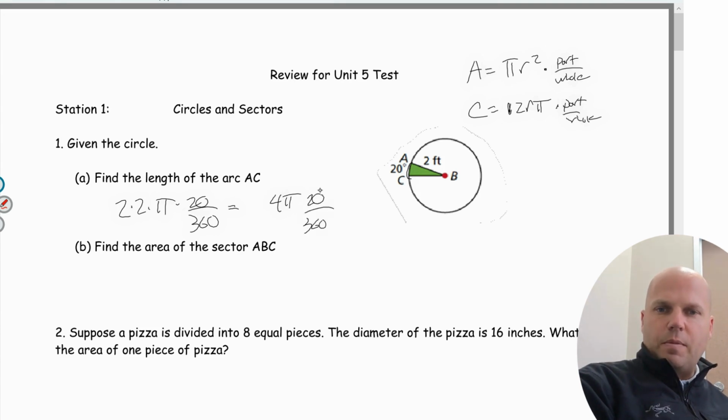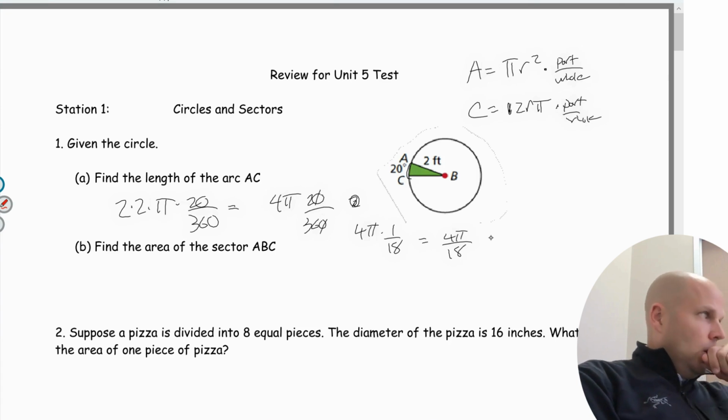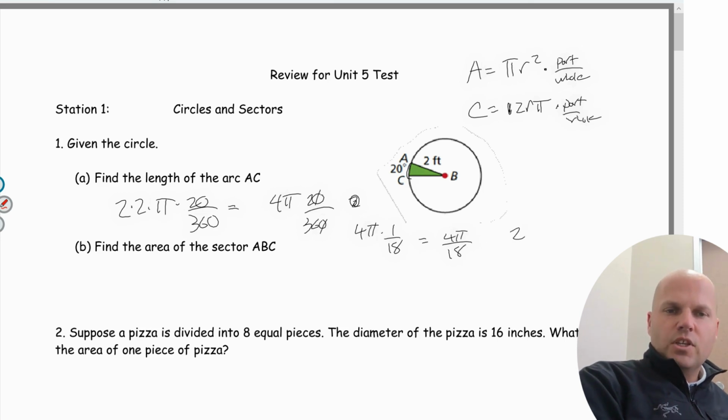You probably should divide by 10, divide by 2, and it's 4 pi times 1 over 18. Then that's 4 pi over 18. Divide by 2 is 2 pi over 9. I want that answer.